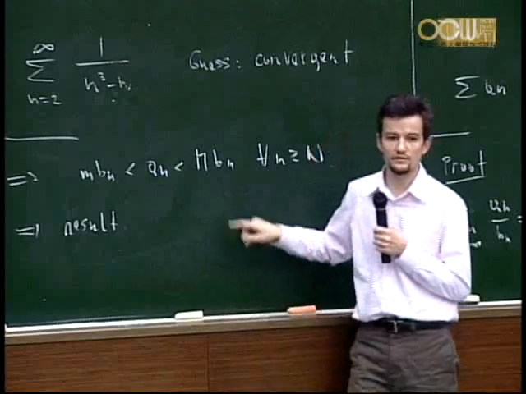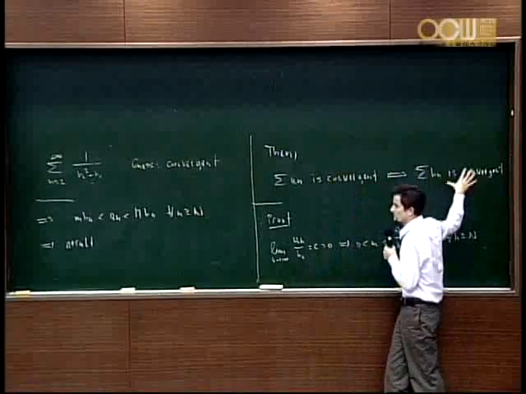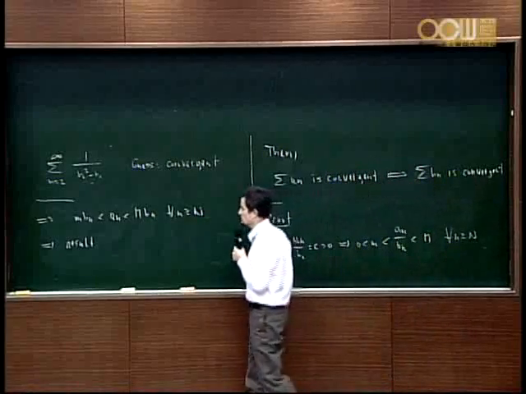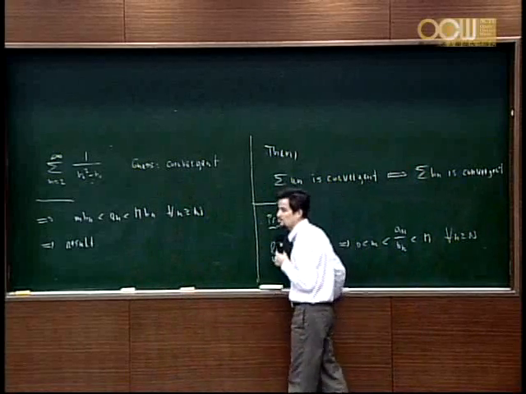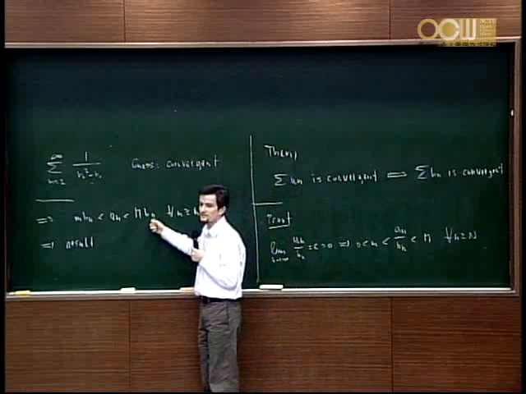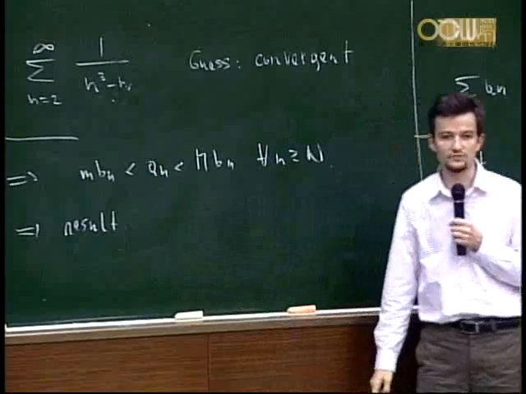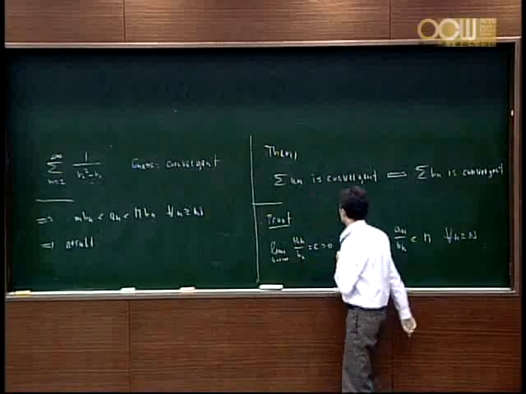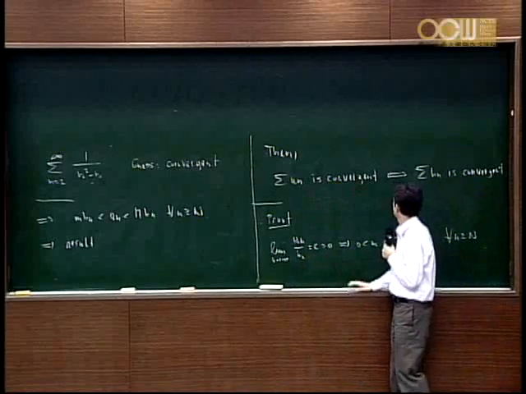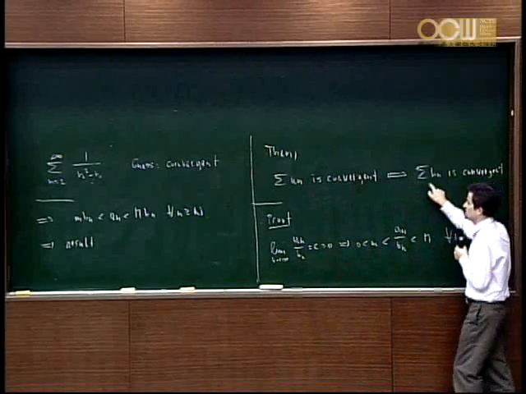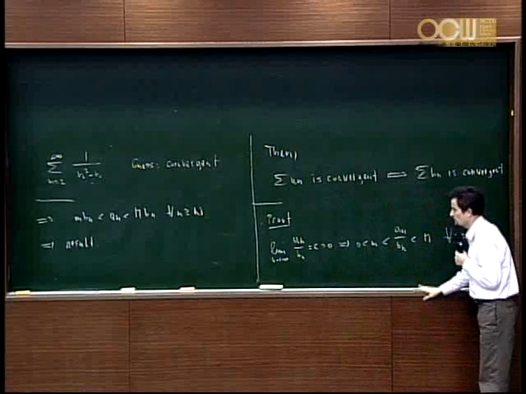You see that one direction of this theorem, because this contains two directions, is still true if the limit c is equal to 0. Namely, if you know that the series over b_n is convergent, the series over a_n will be convergent as well. So actually, you can extend this result: if the limit is equal to 0, then the convergence of this series will imply the convergence of this series.